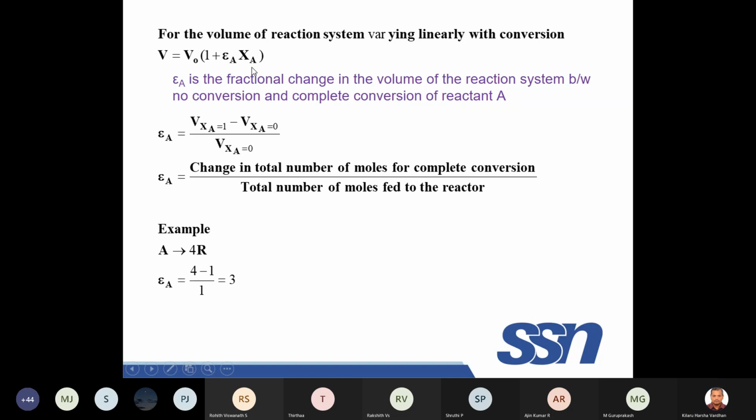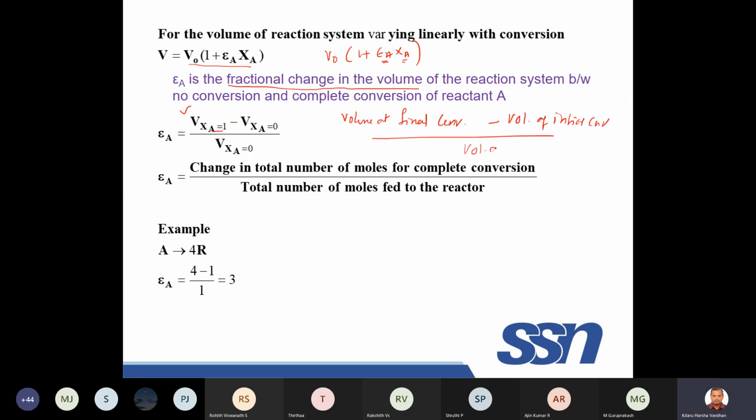V is V naught into (1 plus epsilon A XA). V naught is the initial volume. XA is the conversion, and epsilon A is the fractional change in the volume, which you can calculate as the volume at final conversion minus the volume at initial conversion, divided by the volume at initial conversion.